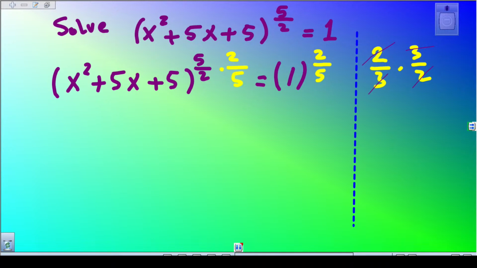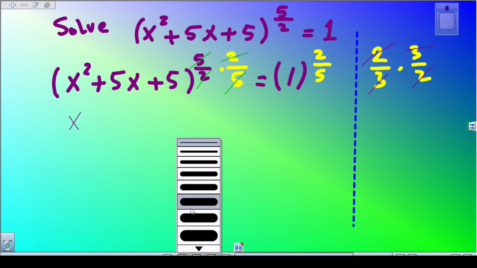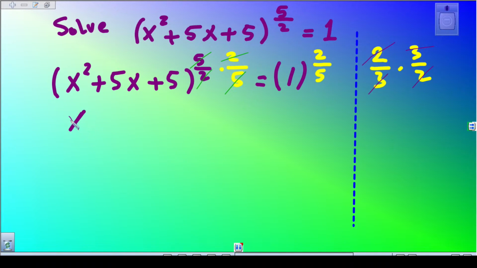So anyways, you come here and then you're jolly, you're happy, and then you're just chopping off things. The 5 is going to go with the 5, and the 2 with the 2, which is going to give you an exponent of 1. Okay, good. That's what we want. So basically you've got x squared plus 5x plus 5, and then we're going to say this is equal to 1 raised to 2/5.